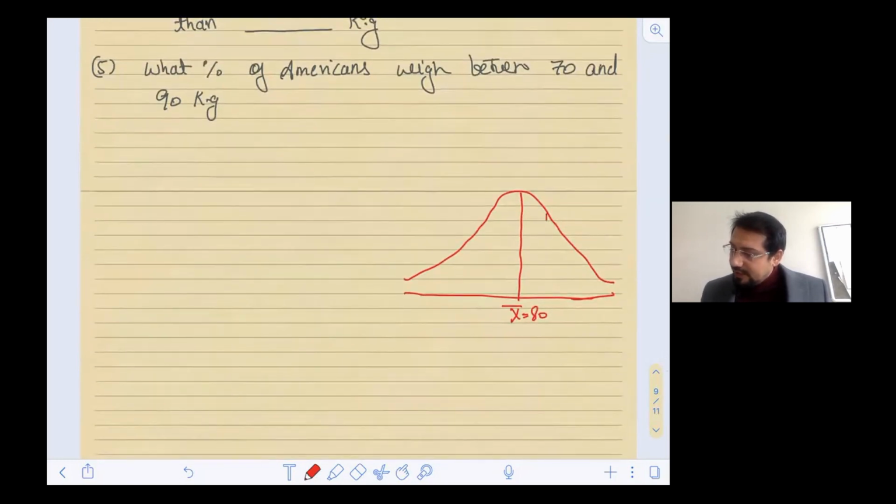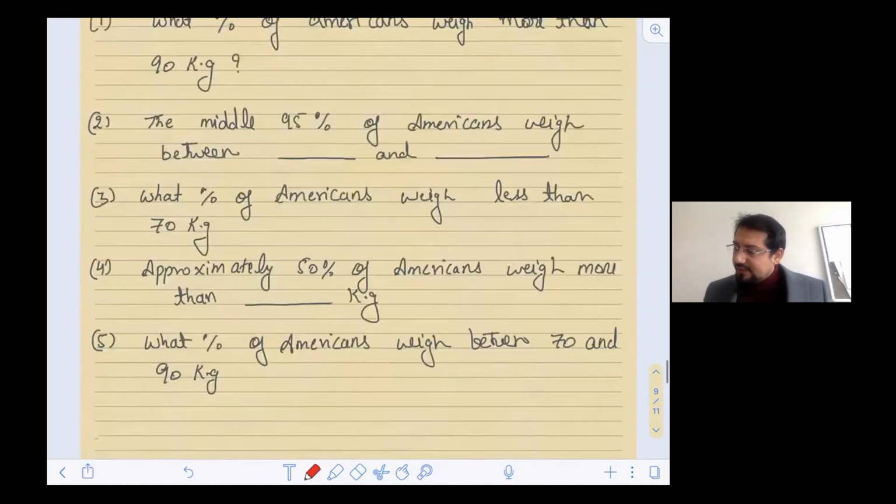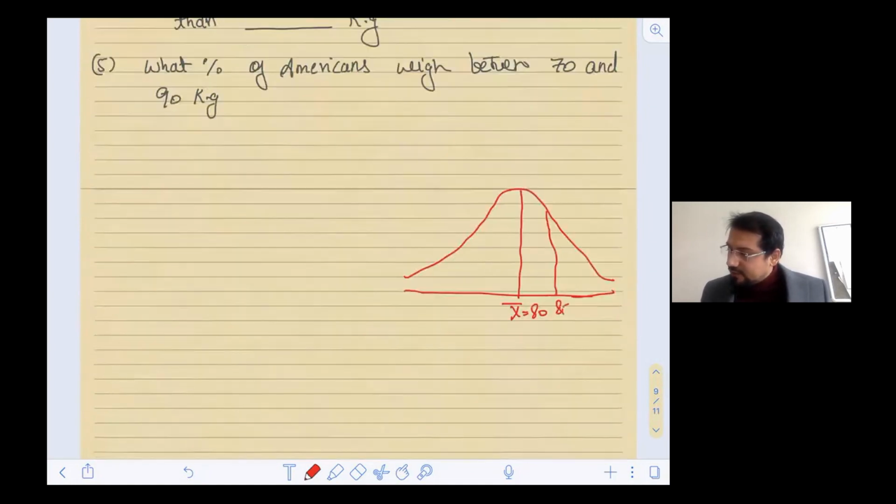The standard deviation is 5, so one standard deviation is 85, and the second standard deviation is 90. This is 1, this is 2, and it is on the plus side, because 90 is greater than 80, so it will move towards the right side, right? And I want to know this area, more than 90, okay.